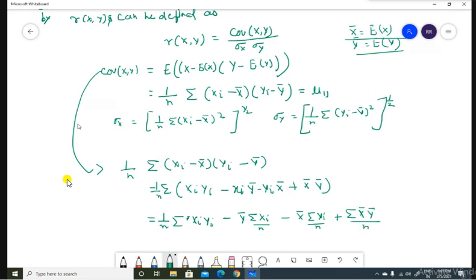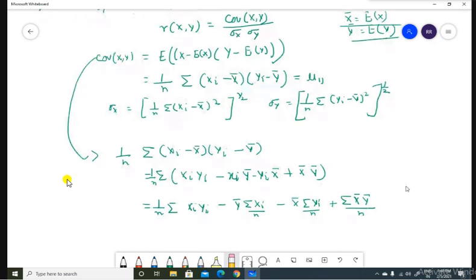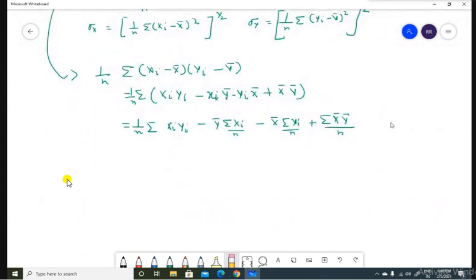Since x bar and y bar are not varying over i, we can say they are constants.